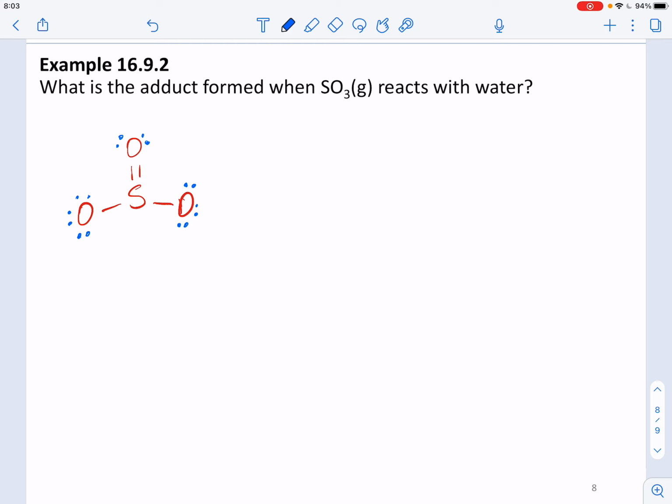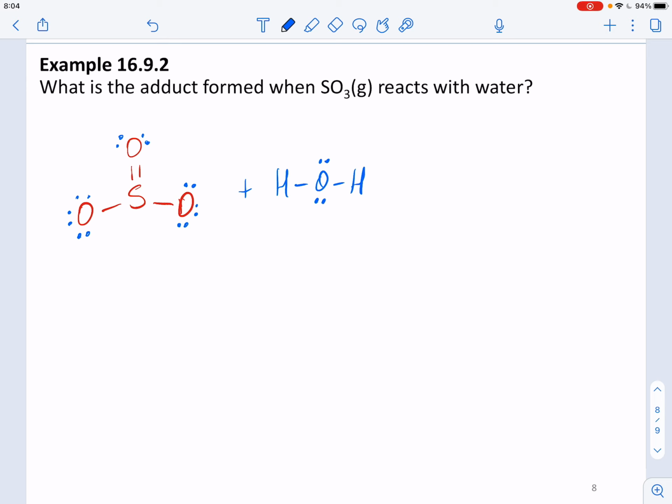So technically, it depends on what you are mixing this with. If you are mixing this with water, okay, and water has its own lone pairs here, well, now which one is the base, which one is the acid? We already know that water can act as both. Okay, water can give you an H plus. In that case, the H plus is the acid, but water can also be the base.